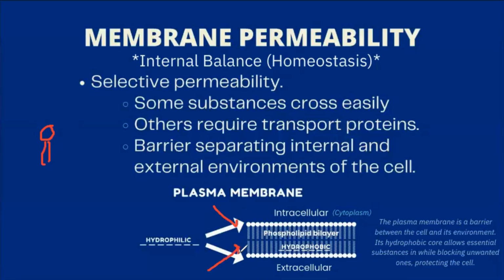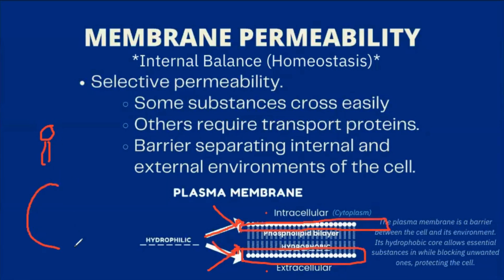The sandwich-like shape is important because the outside of this bilayer, our bread portion, which is this part right here with the circles and this part right here, both face the inside, the cytoplasm, and the outside of the cell.